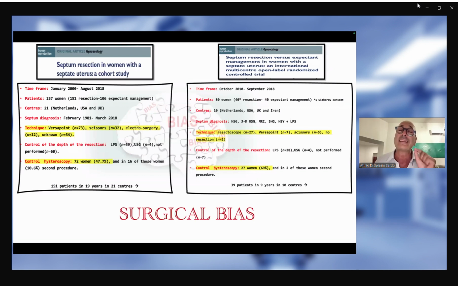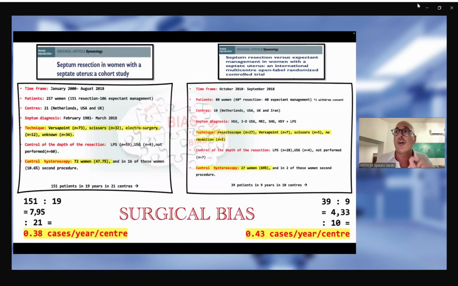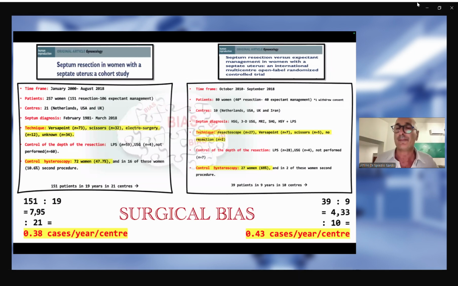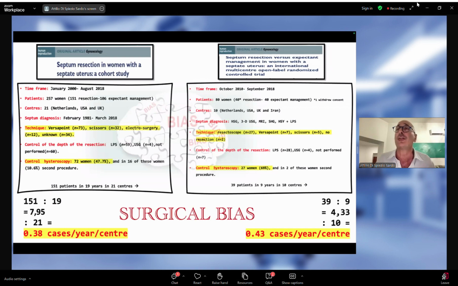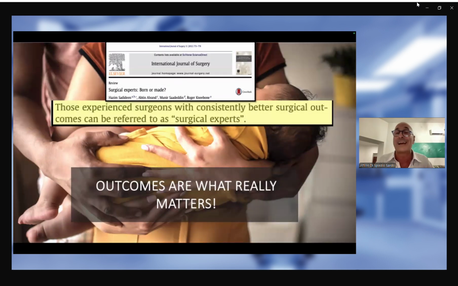Many biases, but the most important, in my opinion, is the surgical bias, because you see that the average number of procedures per center per year was less than half a procedure. So you can understand that it is not surprising, if hysteroscopic metroplasty is not a procedure for an unskilled operator, and we have already seen how frustrating, even in expert hands, hysteroscopic metroplasty can be.